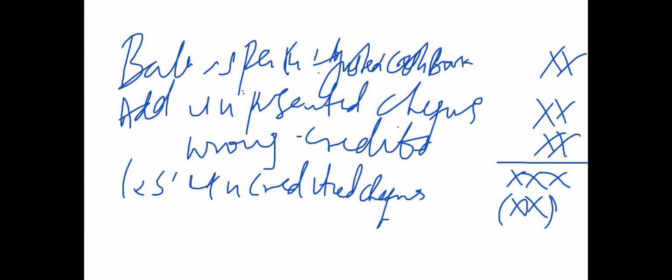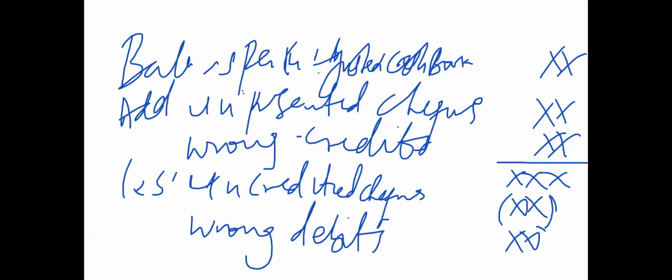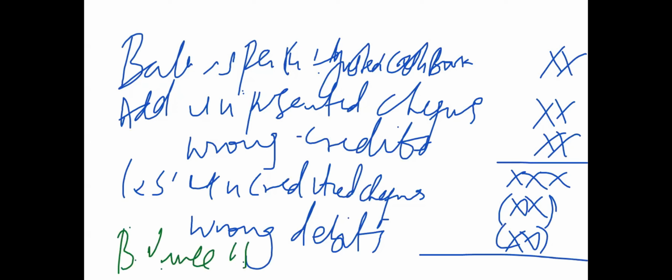Then we also less off the wrong debits. And whatever we get is what we call the balance as per the bank statement.